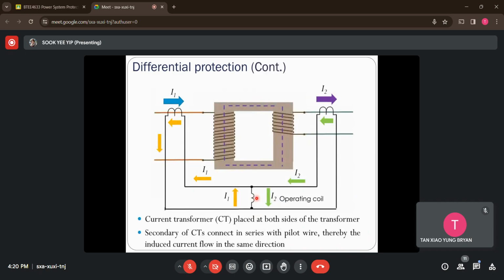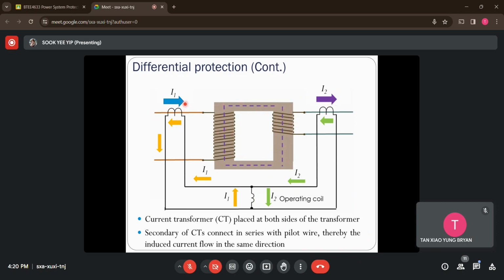All right, so let's see how I would implement the differential protection scheme for this specific transformer. This is a transformer, with the primary winding and the secondary winding. Whenever I want to implement a differential protection scheme, I need to measure the entering currents and leaving currents. So I will place two current transformers outside, on both sides of the transformer.